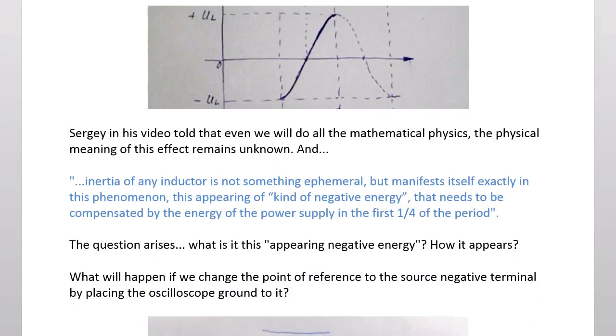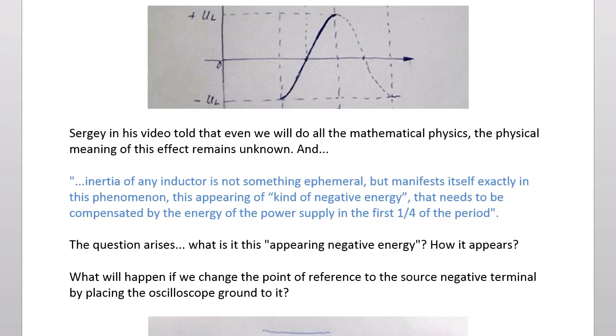Sergey in his video said that even if we do all the mathematical physics, the physical meaning of this effect remains unknown, and the inertia of any inductor is not something ephemeral, but manifests itself exactly in this phenomenon, this appearing of a kind of negative energy that needs to be compensated by the energy of the power supply in the first 1/4 of the period.